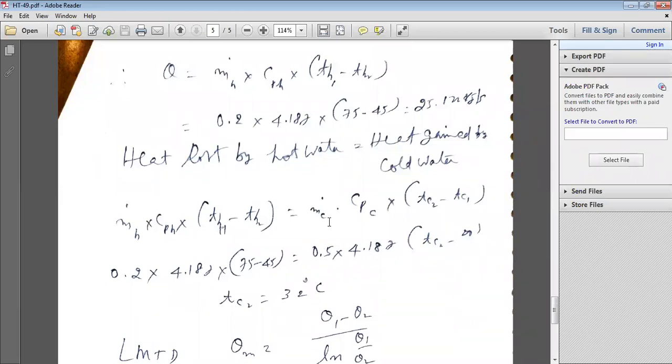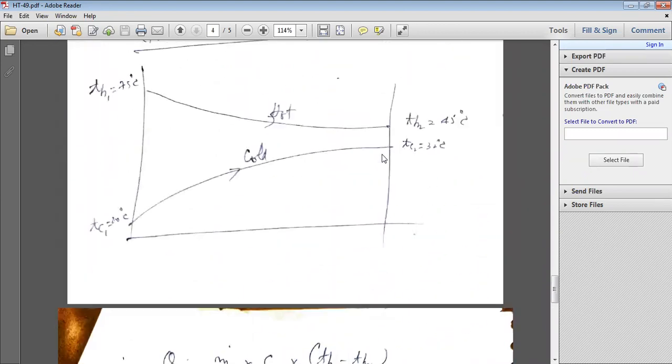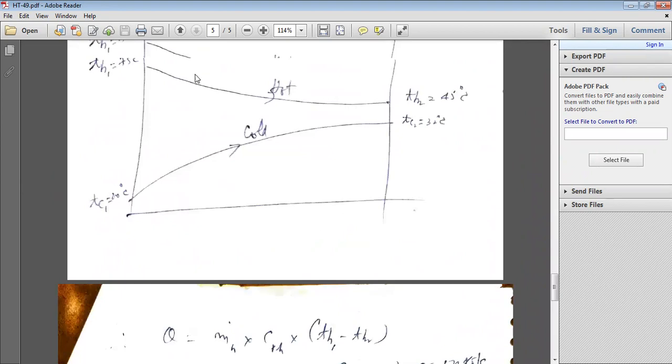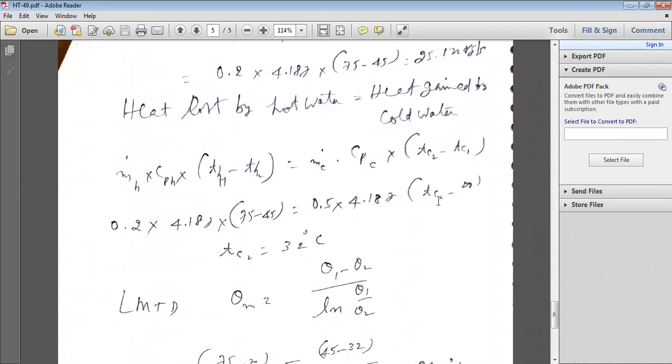So m dot c 0.5 given, Cpc 4.187, into Tc2, not given in the problem, that is to be calculated, Tc2 minus Tc1, given as 20. So from this equation, you will get the temperature of the cold water at the outlet, Tc2, calculated as 32 degrees centigrade.